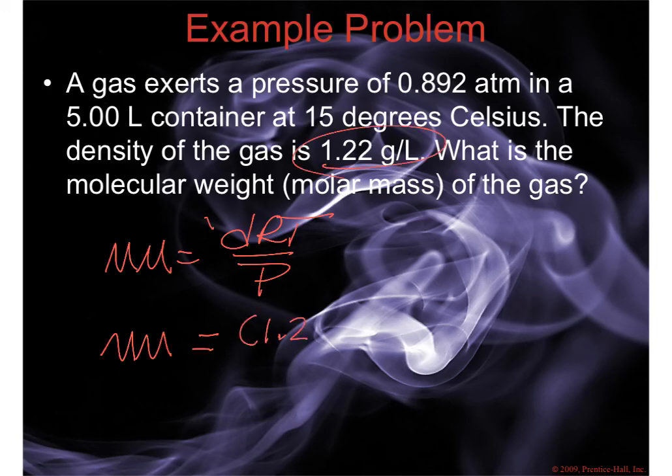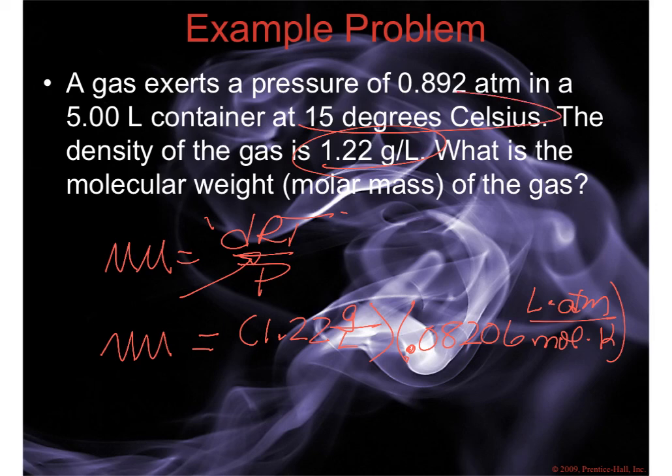I'm going to put in all my units to make sure there's not a trick in the units not canceling or matching. Okay, so for R, I'm going to go ahead and assume I can use 0.08206, but I'm going to put those units in to make sure. Liters atmosphere per mole Kelvin. Then temperature goes on top too.